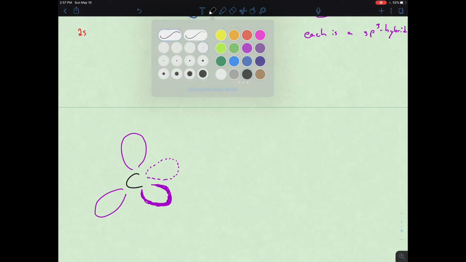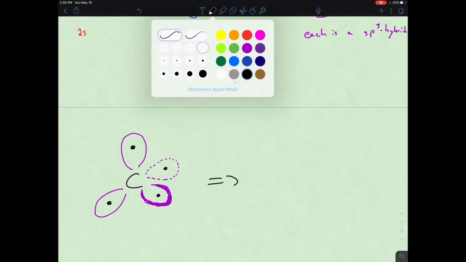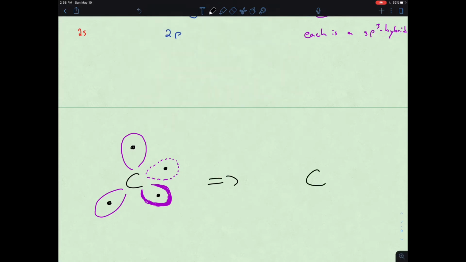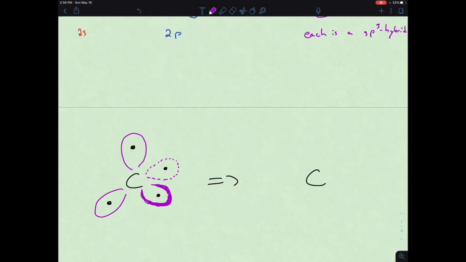And each one is going to have an electron within it. And so that now allows for that overlap between it and our hydrogen atoms.